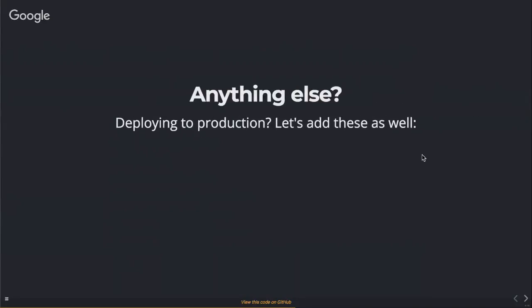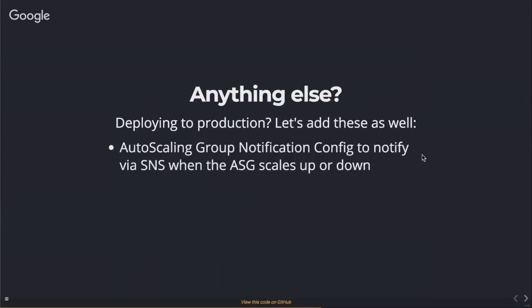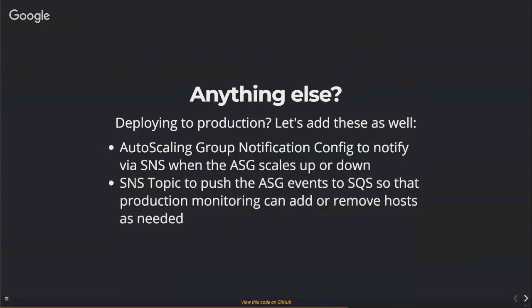If we're deploying to production, we can also dynamically add the notification config so that when the auto-scaling group scales up or down, we can trigger an SNS notification, as well as an SNS topic specific to those auto-scaling events so that our production monitoring systems can add or remove hosts as needed.